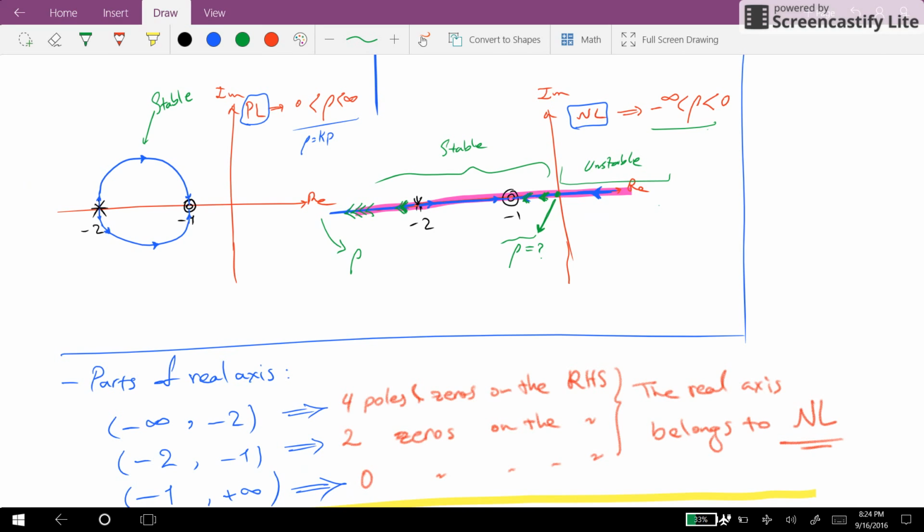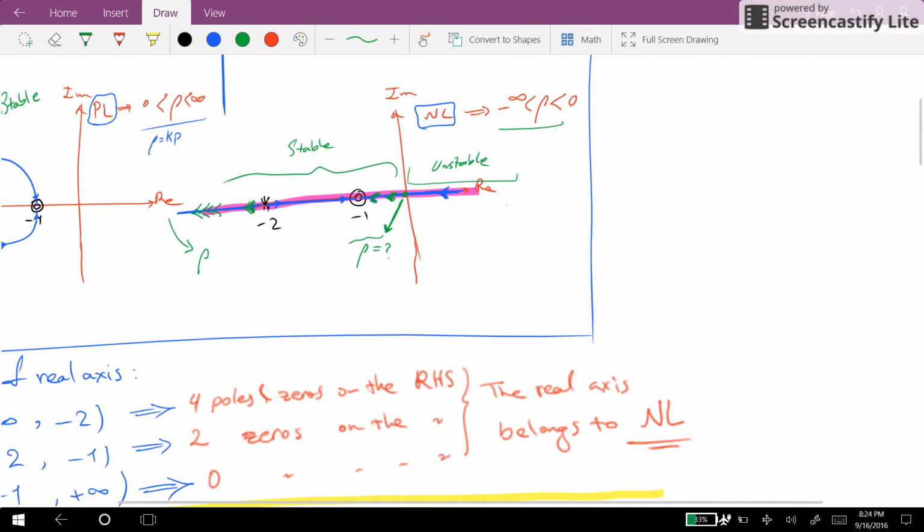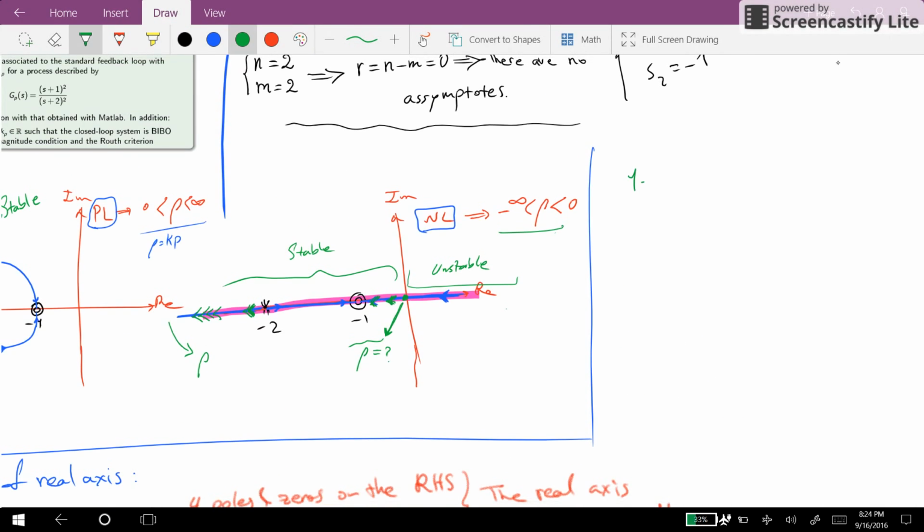As the first approach, let's use the RAS criteria. We have 1 plus rho times n over d equal to 0, or in other words, d plus rho times n equal to 0.